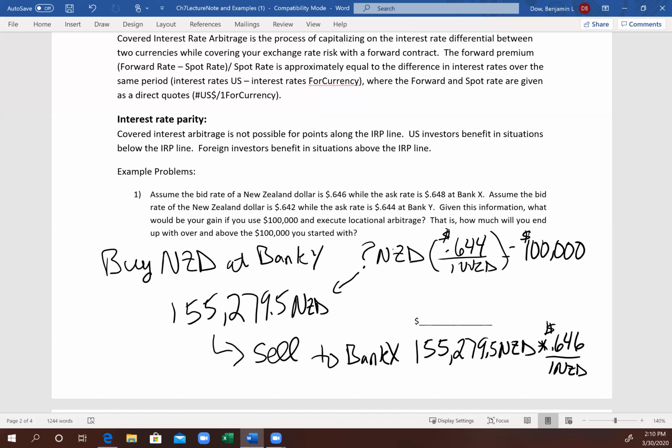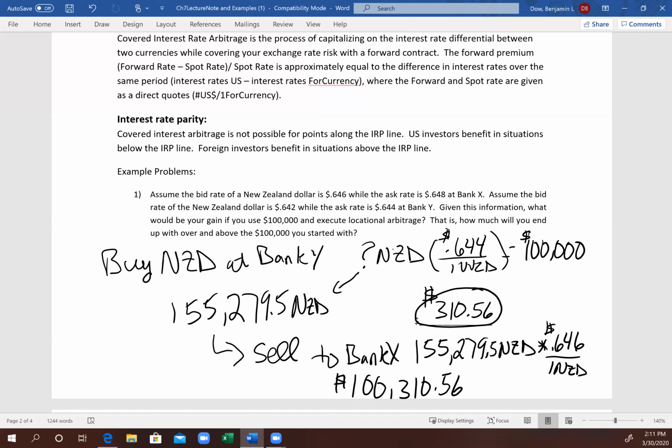By buying New Zealand dollars at Bank Y and selling them back to Bank X, we're going to end up with 100,310.56 US dollars.